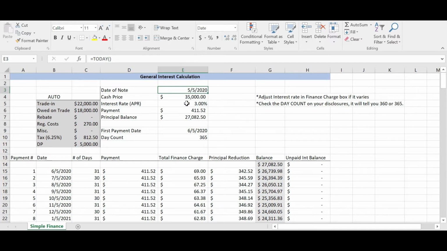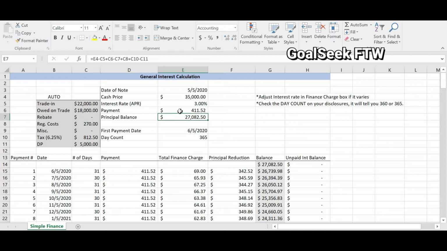So that's nice. Cash price, that's not a formula. That's going to be adjusted. Same with your interest rate / APR. Your payment, I'll get to that in a second. That can be entered manually, or I'll show you how to do a formula for that. Then principal balance, this one has a formula to include these variables here.